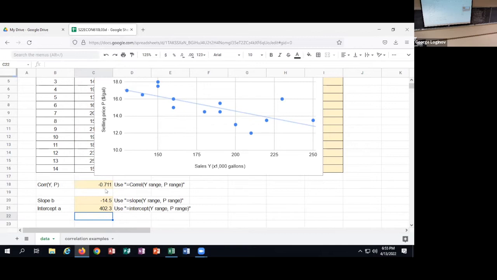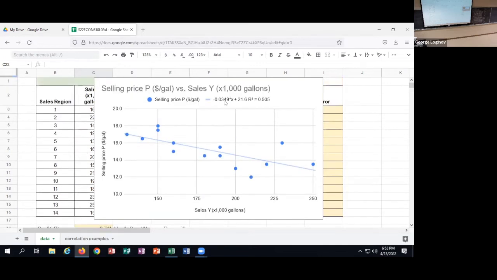But these two numbers are not the same as the numbers that appear here. Because spreadsheets always treats sales first and then price range, your sales range, and then your price range. So it calculated regression numbers for sales on the price.